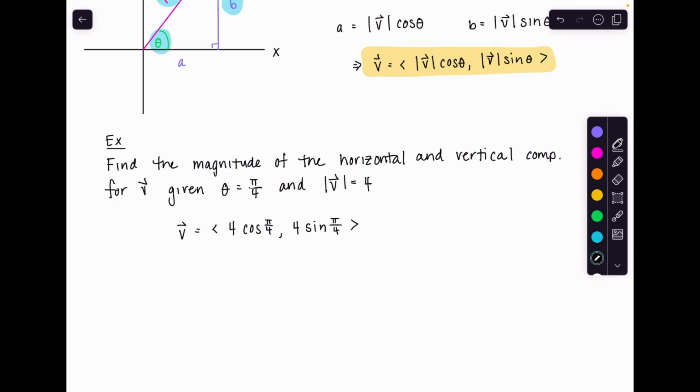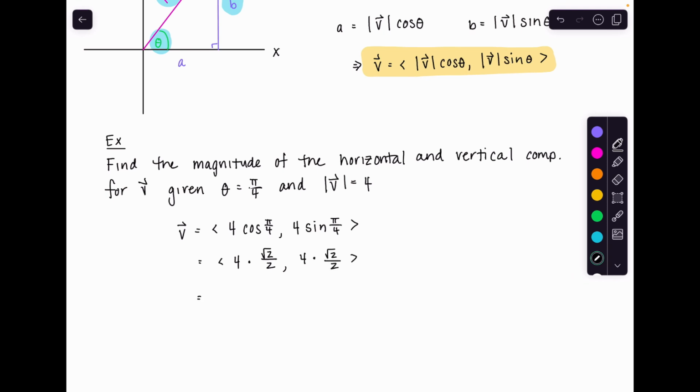You don't want to have your unit circle out for every single thing. So pi over 4, it's the same for sine and cosine. That's root 2 over 2. And since it's in quadrant 1, both of these are positive root 2 over 2.